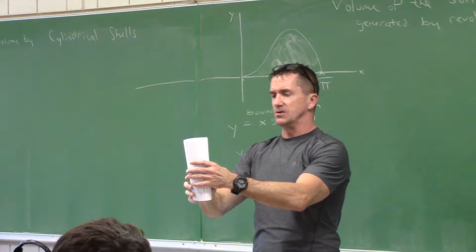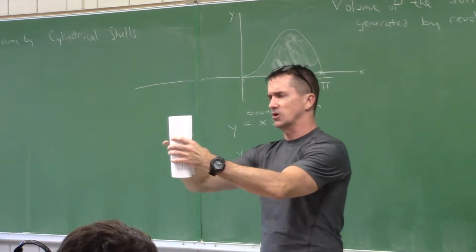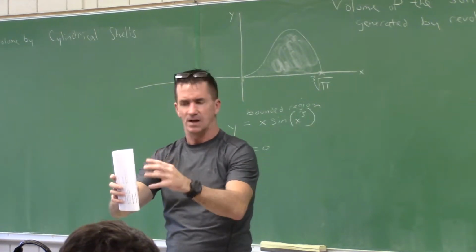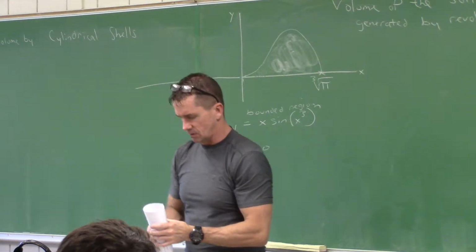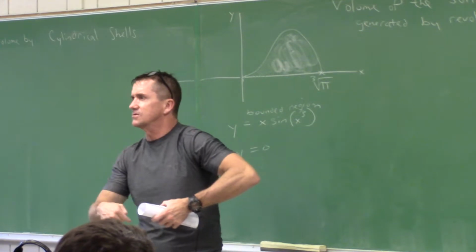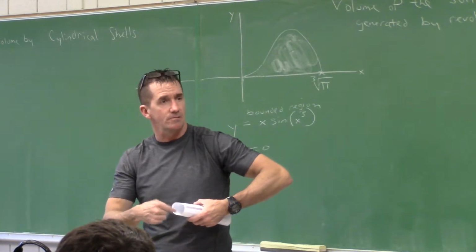But the first thing we have to do is use geometry and figure out, well, how do we get the surface area of some cylinder like this, of a cylindrical shell? How do we find the surface area of this? So, well, that forms a circle, right? What's the circumference of a circle? Brilliant, 2 pi r, do you all agree?